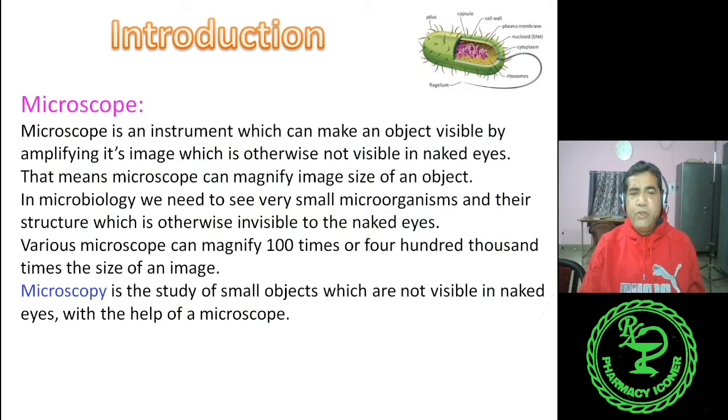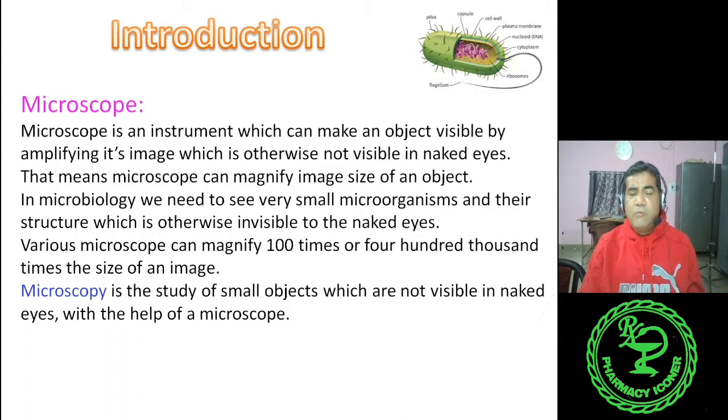Microscope is an instrument which can make an object visible by amplifying its image, which is otherwise not visible to the naked eye. That means a microscope can magnify the image size of an object. In microbiology, we need to see very small organisms and their structure, which is otherwise invisible to the naked eye.